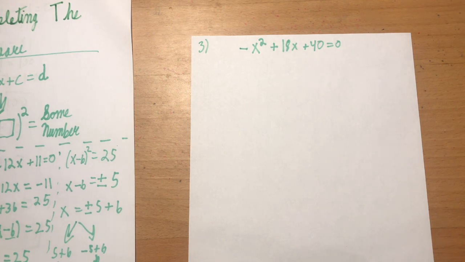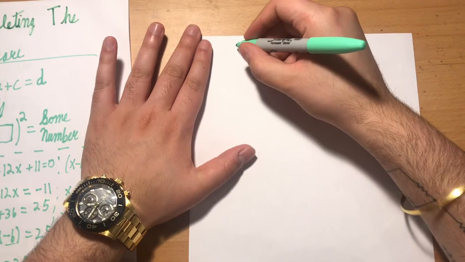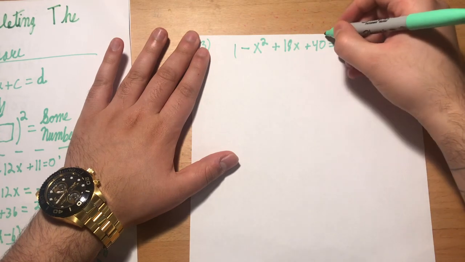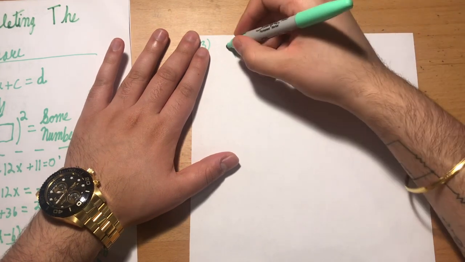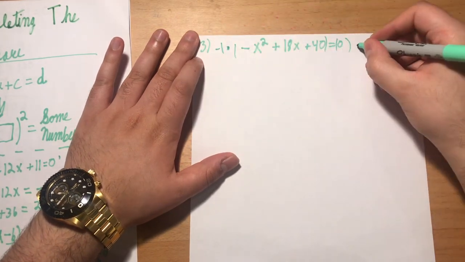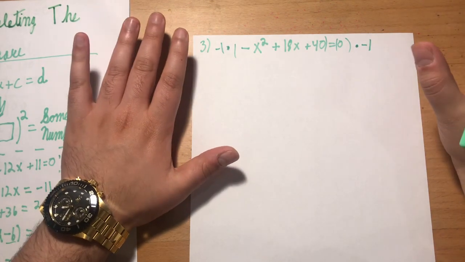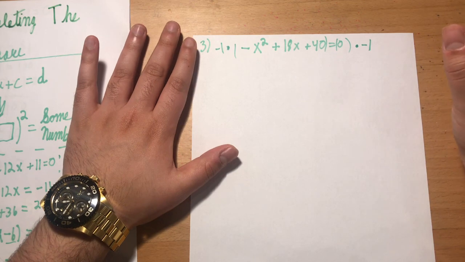This is a technique useful in multiple areas, not just completing the square. You could just multiply negative 1 to everything. Okay, so let's look at that. If I take this and multiply negative 1 to both sides, so negative 1 here, and I'm going to write a negative 1 here even though there's a 0 here. It's just to reinforce whatever you do to one side, you do to the other.